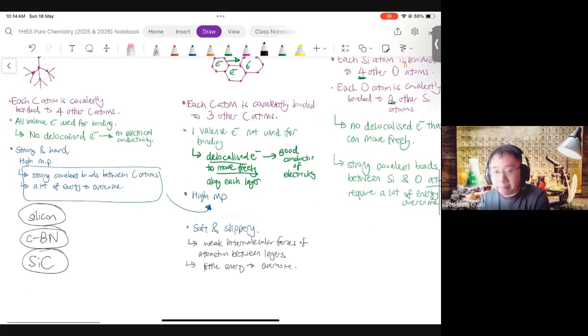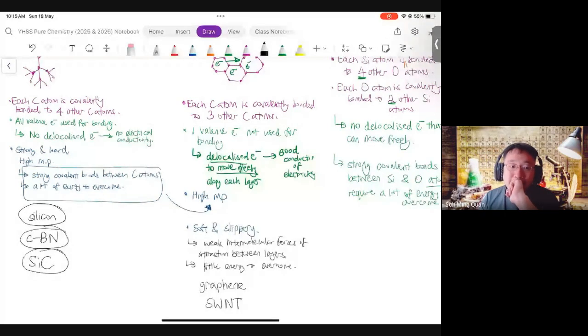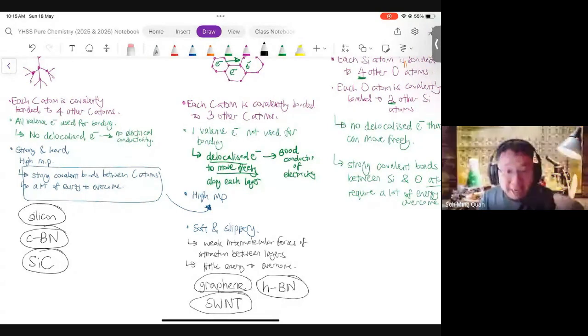There's many. Under graphite, there's graphene. There's single wall carbon nanotubes. All right, these are two examples. There is hexagonal boron nitride. Again, this is from the covalent bonding chapter 4 part 2 notes.